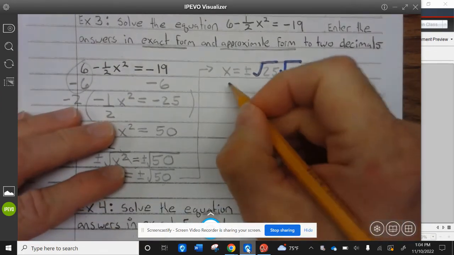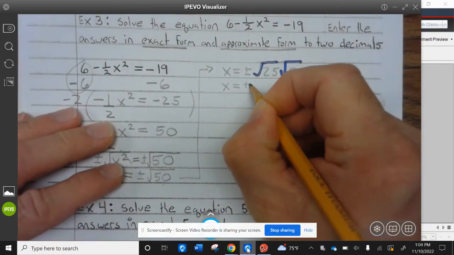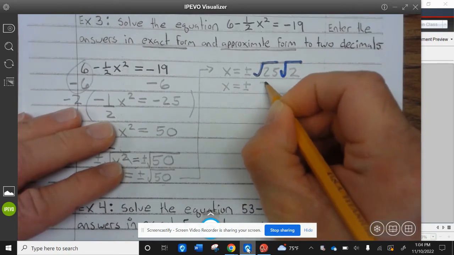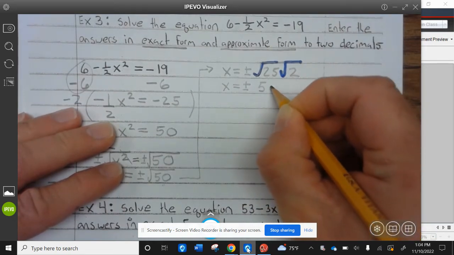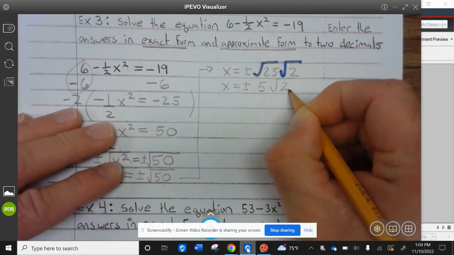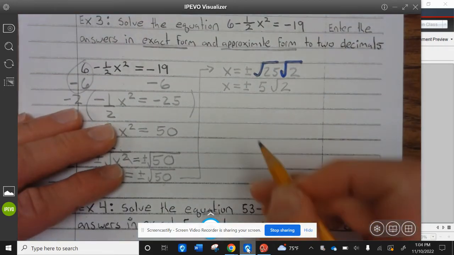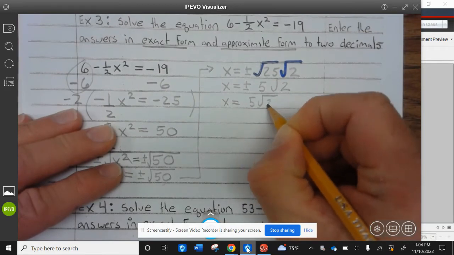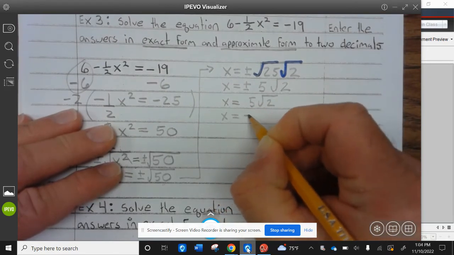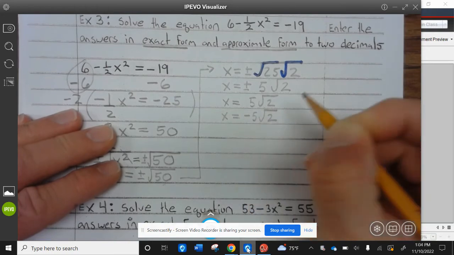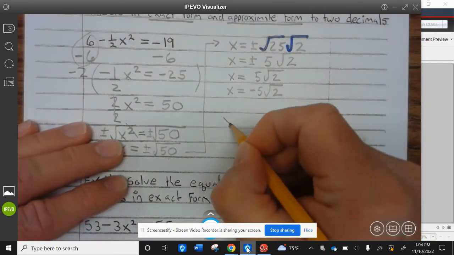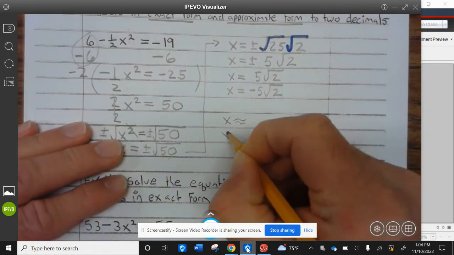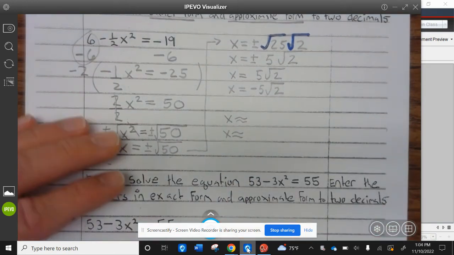Okay, well, that's x equals plus or minus the square root of 25 is 5 times the square root of 2. So x equals 5 square roots of 2. X equals negative 5 square roots of 2. Now, we want to get what that approximately is. So we're going to put that in our calculator.